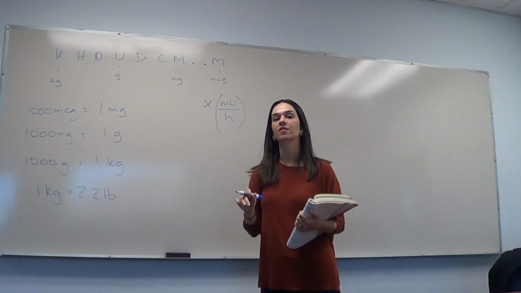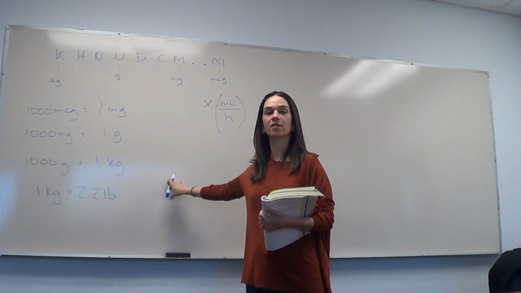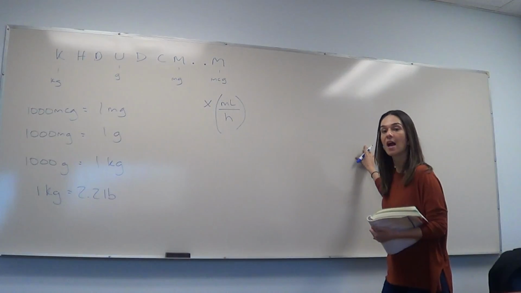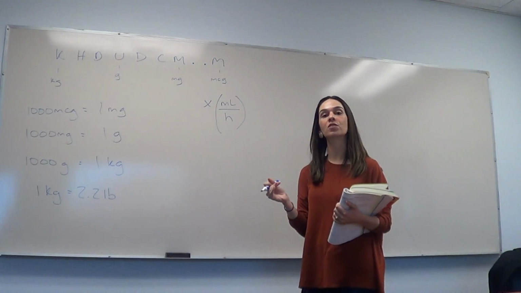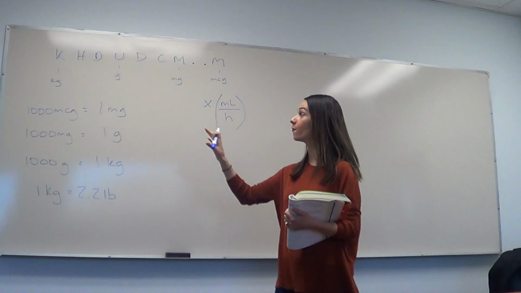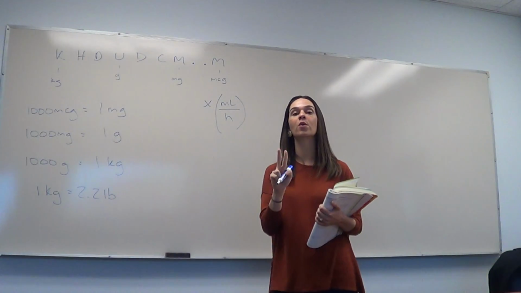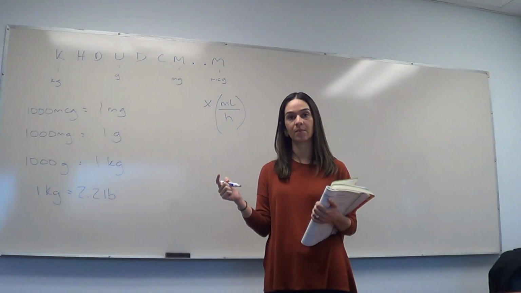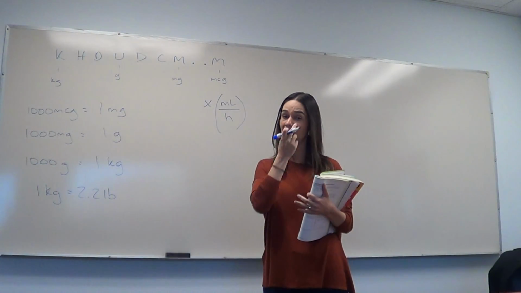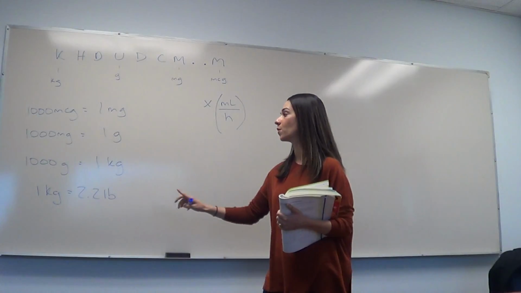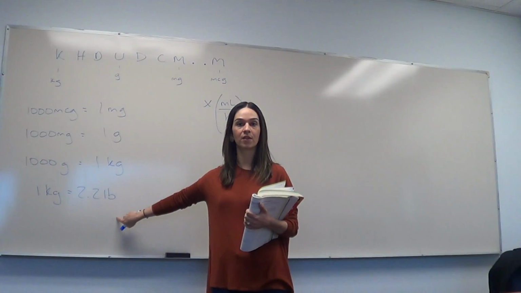My method of solving everything in dimensional analysis is to put everything in the equation. However, some students prefer to go ahead and convert things prior to putting them in the equation. I'm going to show you both methods for the first two examples, so you figure out which method you like the best. I need to remind you that you are to never convert weight outside of the equation.